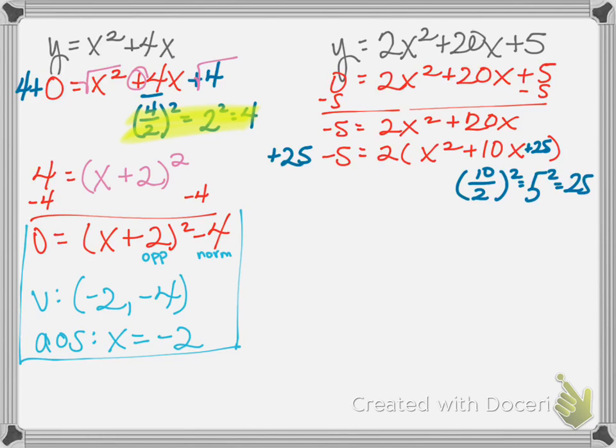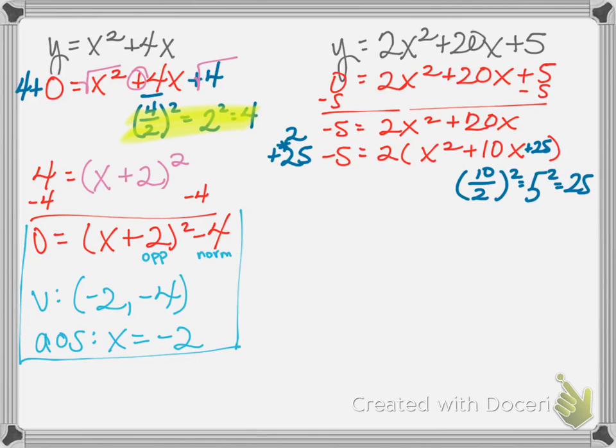However, when I did that before, my leading coefficient was 1. So I just brought the 4 over, because 4 times 1 is just 4. But in this example, my leading coefficient is 2. So really, I'm going to be adding 2 times 25, which is 50.